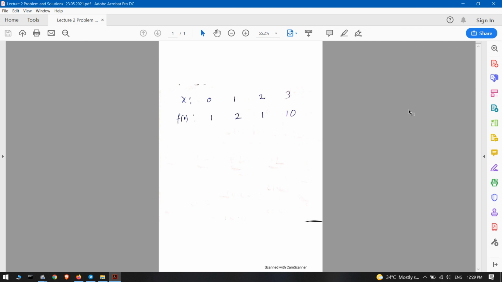Plus x into x minus 1 into x minus 2 by factorial 3 is 6 into del cube f naught, that is 12. Now you evaluate that and tell me the answer.